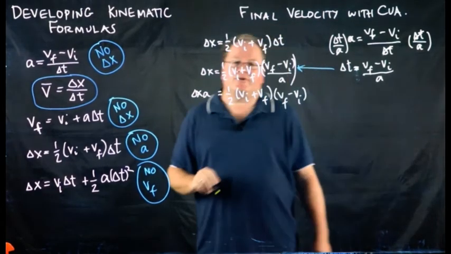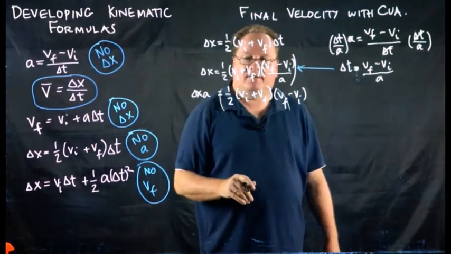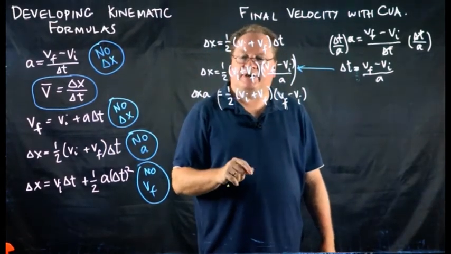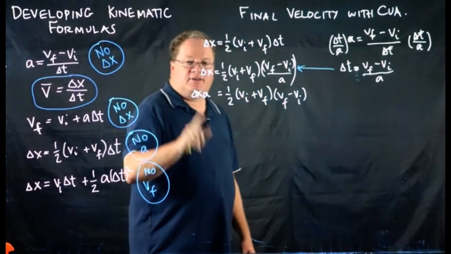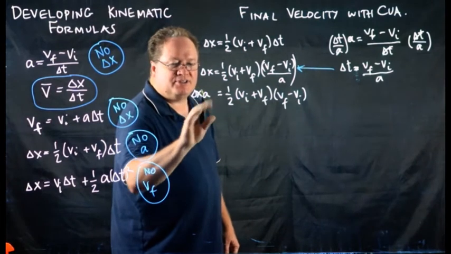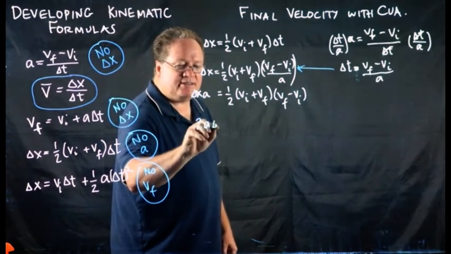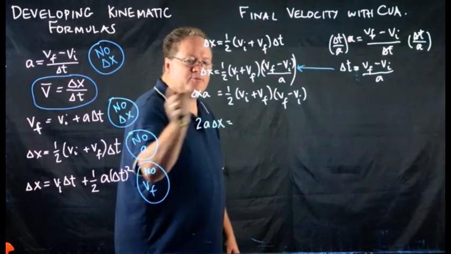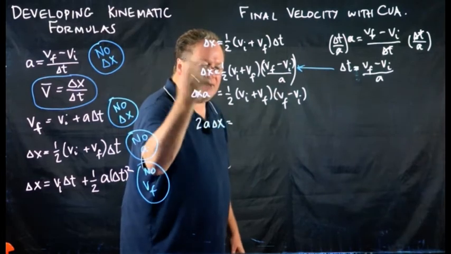I'm going to end up with that after I multiply both sides by a. The next thing I'm going to do is multiply both sides by 2. Let's get rid of this 1/2. If I do that, I'm going to switch these around because I like the way it looks better: 2 times a times delta x. If I multiply this side by 2, the half just goes away.